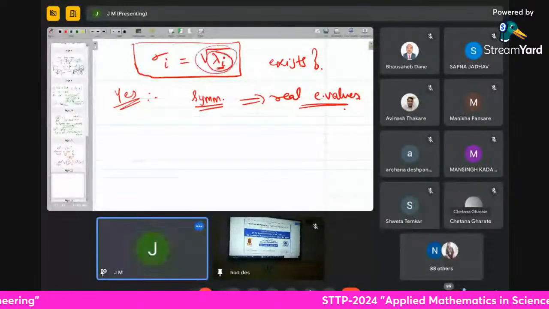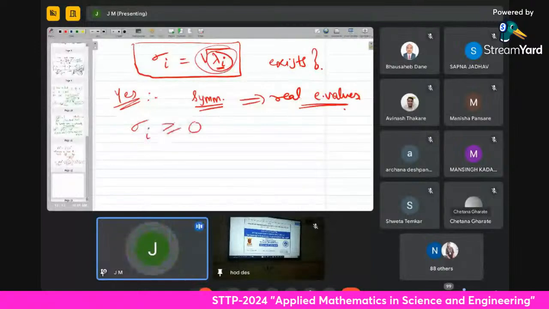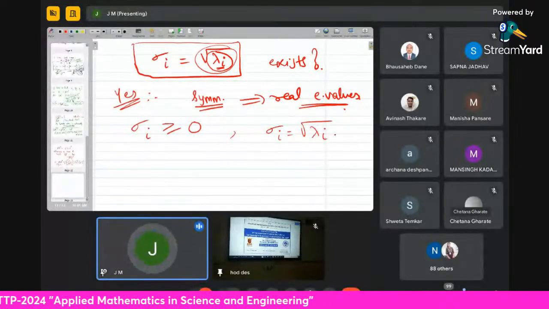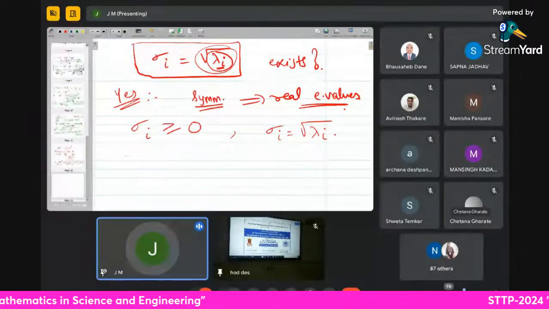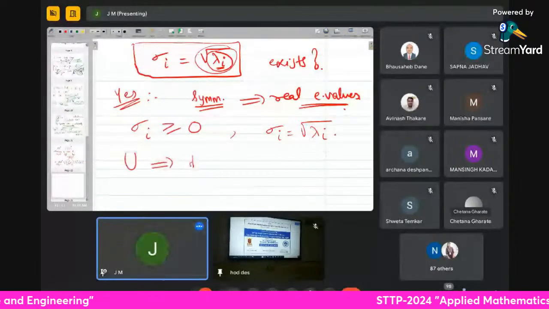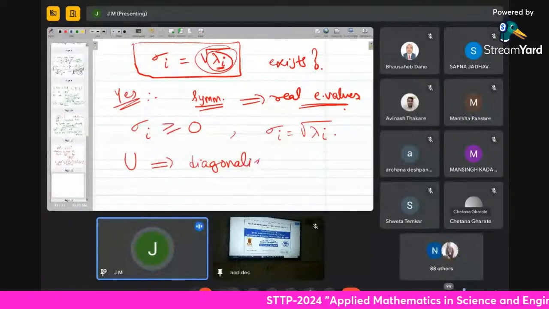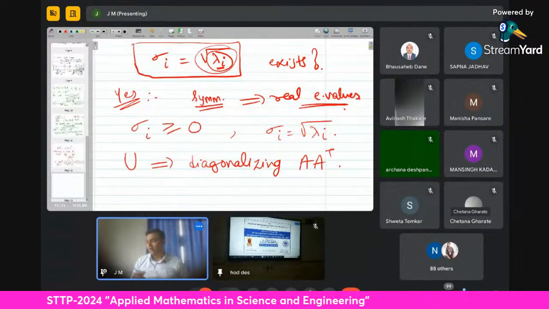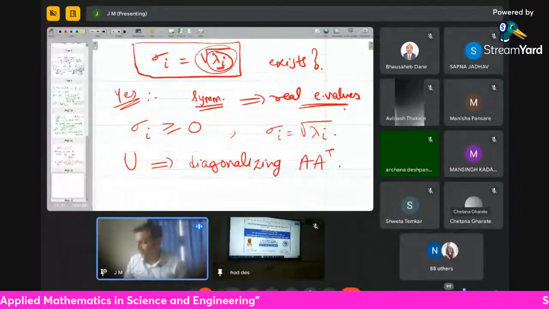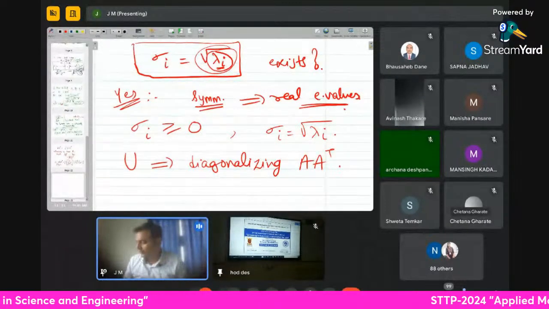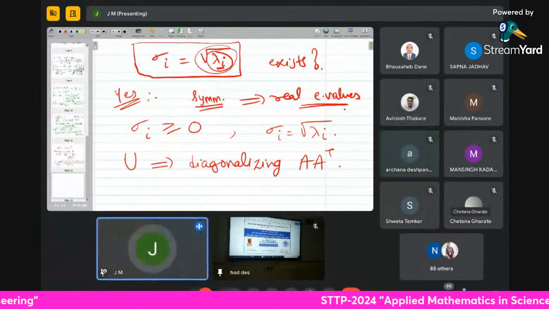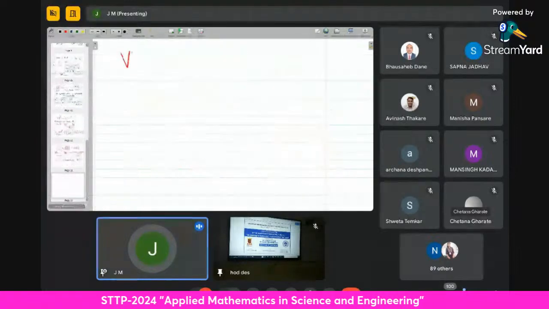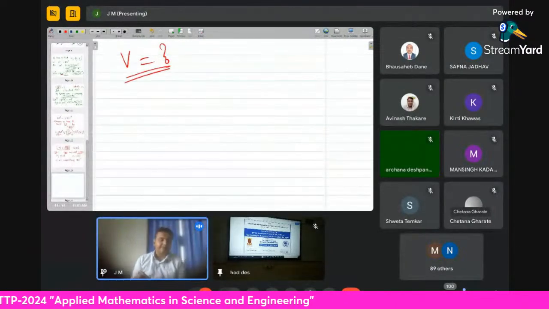They are nothing but the square root of the eigenvalues, and one can find the matrix U by diagonalizing A A transpose. So once you do A into A transpose, one can always have the matrix U and the matrix sigma. Now the question is, how to find the matrix V?